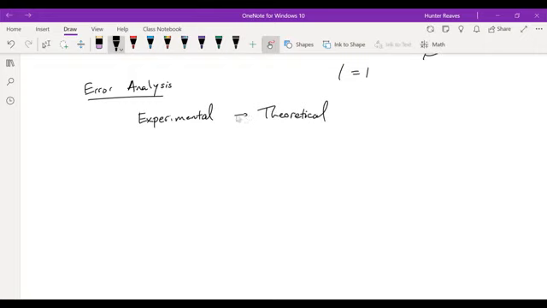So if you have an experimental value that you got by taking data, doing your experiment, and performing some analysis, and you also have a corresponding theoretical quantity that you can compare it to, then you're going to use a percent error. The way you calculate percent error is by taking the difference between the theoretical and experimental quantity and then taking the absolute value. So you have experiment minus theoretical, take the absolute value of that, divide by the theoretical quantity, and then multiply that by 100%.